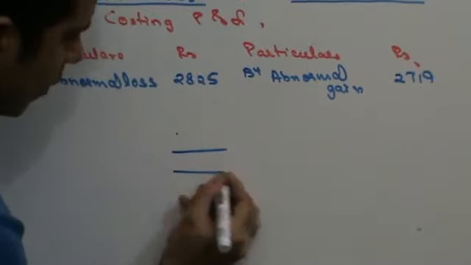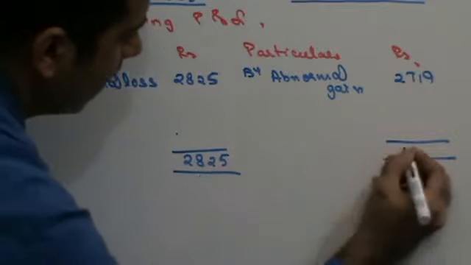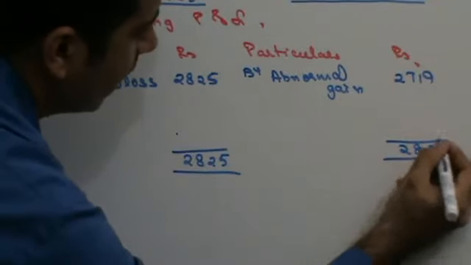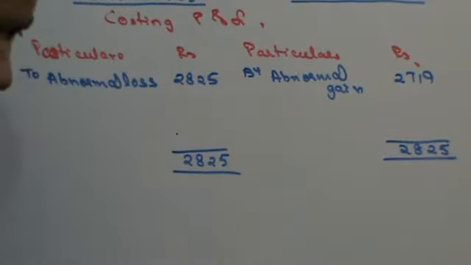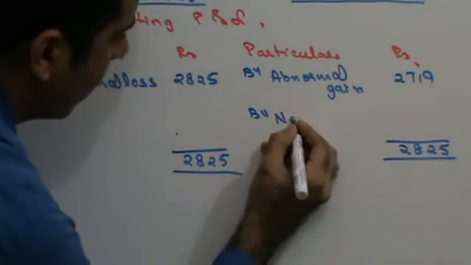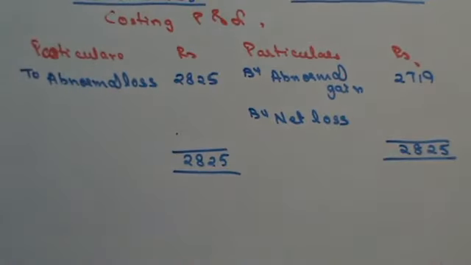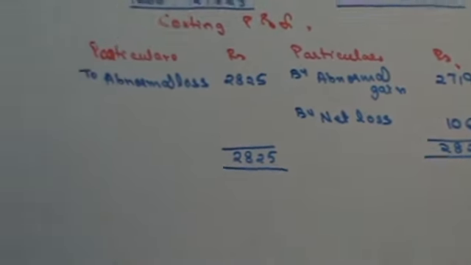So you're going to have a loss here of 2,825. Samantha, subtract and tell me how much is the loss by net loss. 106 rupees. Right? This finishes the sum.